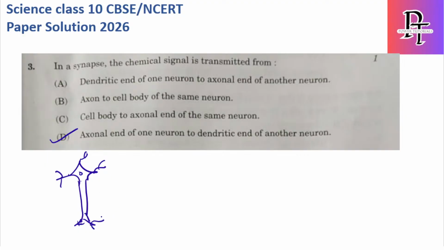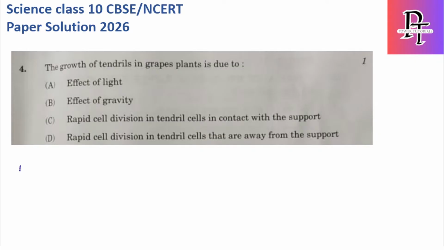From this bottom part, it is the axon, and the axonal end will be connected to the dendrite of another neuron. So at this connection, the synapse happens, where the signal from one neuron transmits to another neuron. So from the axonal end it is connected to the dendrite of the second neuron. Okay. See the fourth one.